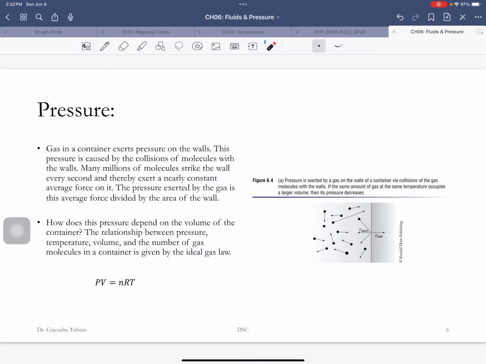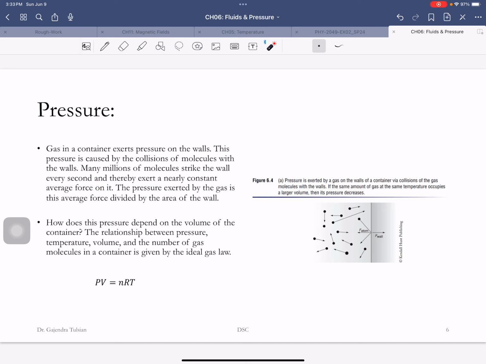Atoms bouncing off the wall exert a force on the wall, and that's how pressure is exerted. So gas in a container exerts pressure on the walls. This pressure is caused by collisions of the molecules with the walls. Many billions of molecules strike the wall every second and thereby exert a nearly constant average force.